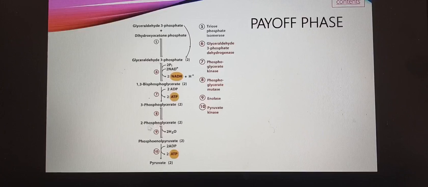When it loses water, it forms phosphoenolpyruvate. So in the second last step, we have got phosphoenolpyruvate. In the final step, a phosphate group is transferred from phosphoenolpyruvate to ADP. As a result, molecules of ATP are formed and pyruvate is also formed. So here we can see that pyruvate is formed.